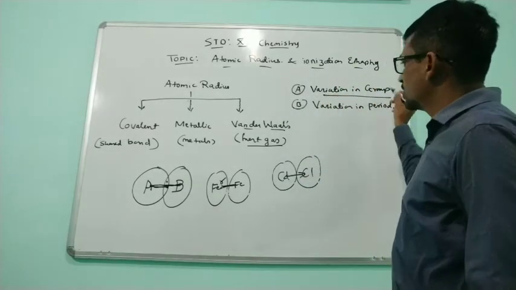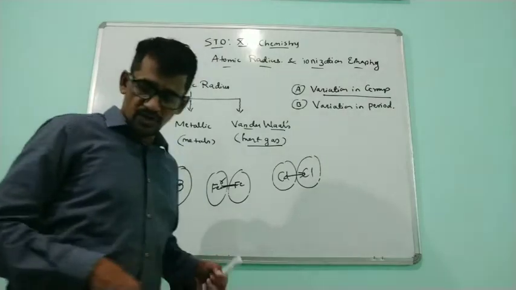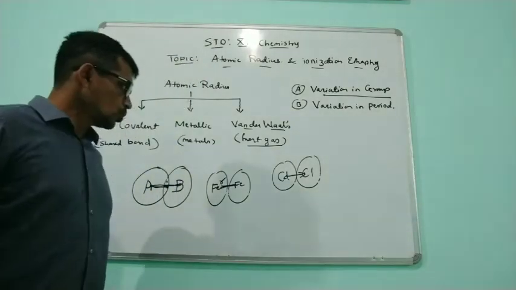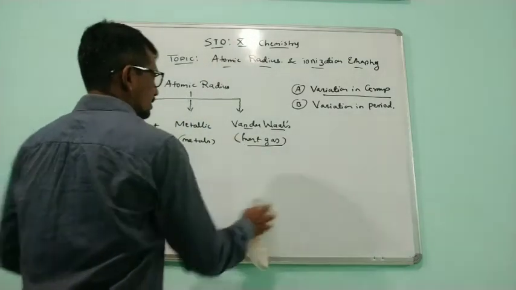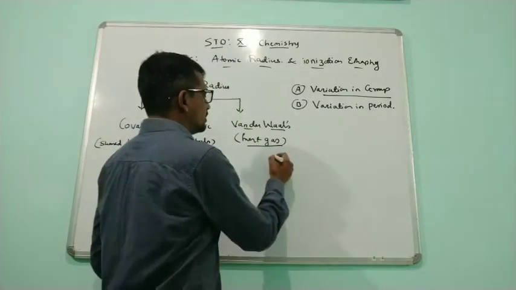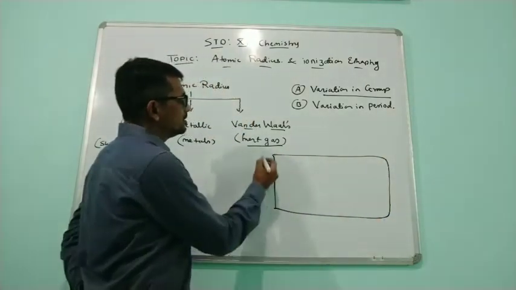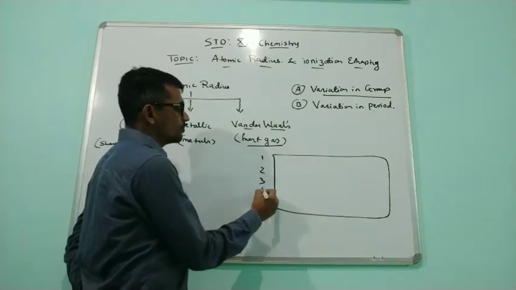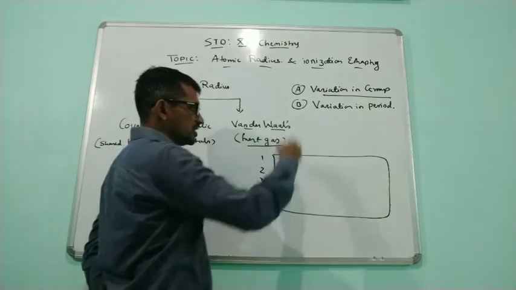Suppose we go in the group. Groups and periods we will discuss. Suppose we take the periodic table. These are the first, second, third, fourth up to 7 periods, and these are the groups.